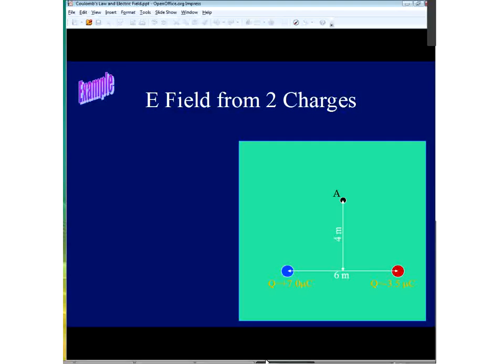As simple as that. It is more of vectors rather than electrostatics. Electrostatics part is up to finding E1 and E2. After finding E1 and E2, doing the vector addition has to do with vectors.